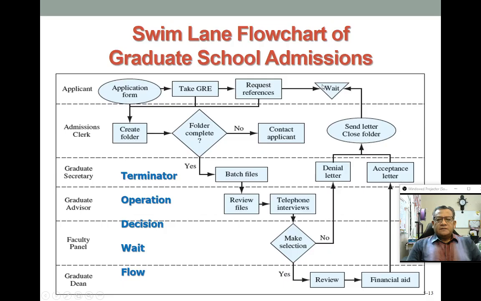If it is waiting for processing, it will be a triangle, and the process flow is shown by the direction of the arrows, whether going to the right, going up, or flowing down. All these are the standard for drafting a flowchart of a task from the start until the end.